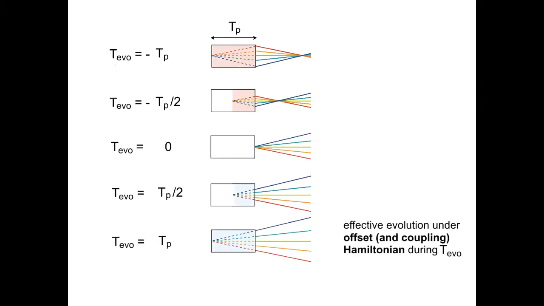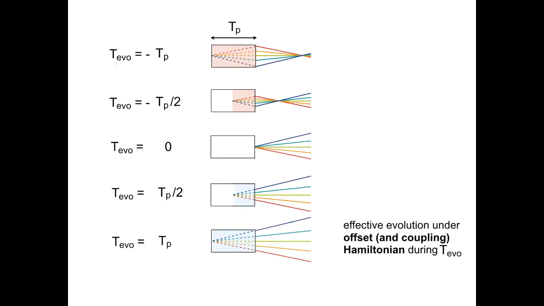And just one final concept that we'll also come back to is an effective evolution time under the offset terms and maybe heteronuclear couplings during the pulse. There's no evolution time in these in-phase pulses.